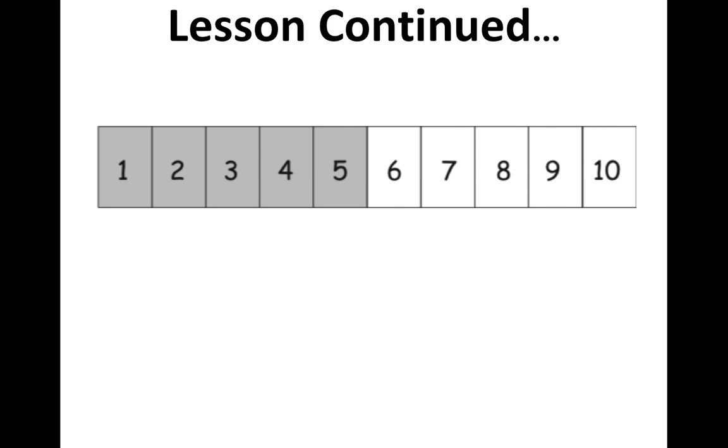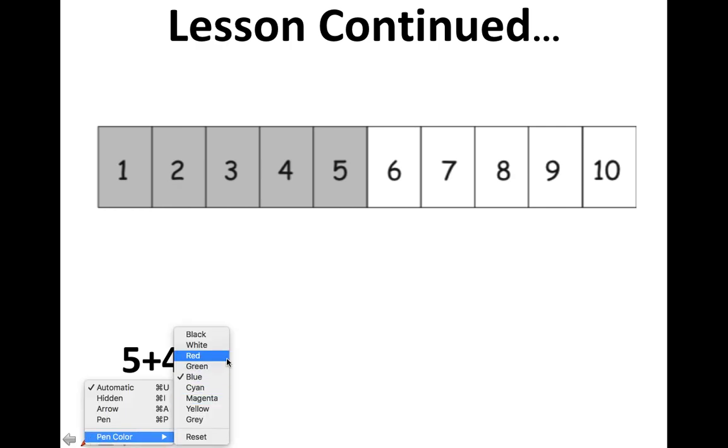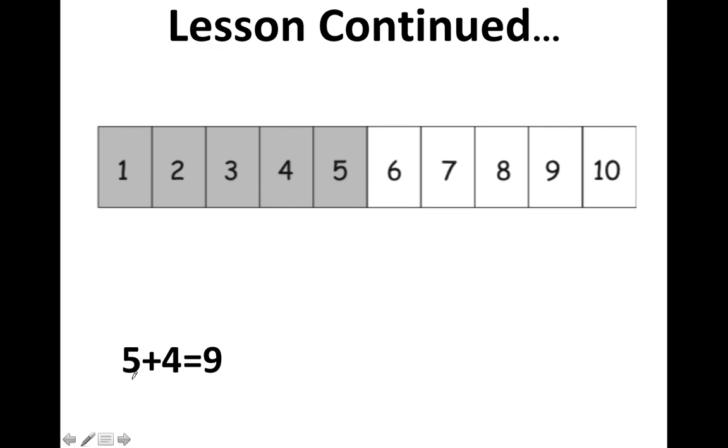Let's continue again. This time I'm going to show you the number sentence, and let's see if we can work backwards. So my number sentence says 5, which means I'm starting off with 5, and it added 4, right? It's plus 4, so I'm going to make 4 jumps. 1, 2, 3, 4.